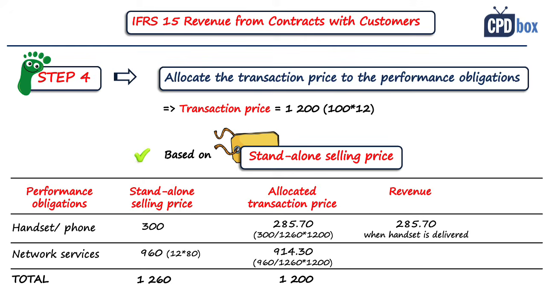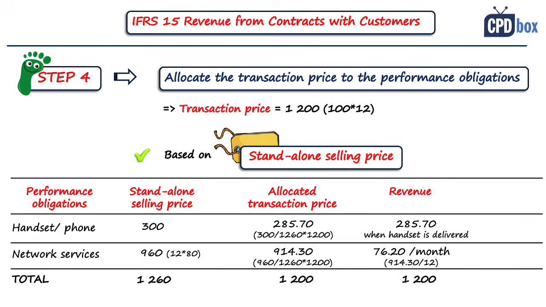IFRS 15 requires you to recognize some revenue based on allocation, but not zero. With regard to revenue from network services, ABC recognizes the allocated amount of 914.30 over 12 months, which is 76.20 per month. The total should give you 1,200 currency units.